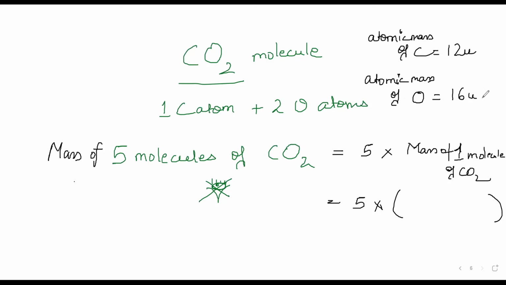Just because of that water thingy that we have been constantly discussing, I just wrote it as 18. Anyways, so how do we calculate the mass of one molecule of CO2? There is one carbon atom, so 12 into 1, plus there are two oxygen atoms, so 2 into 16.